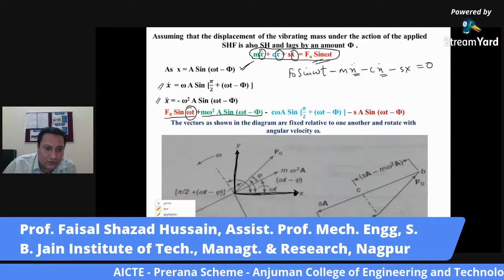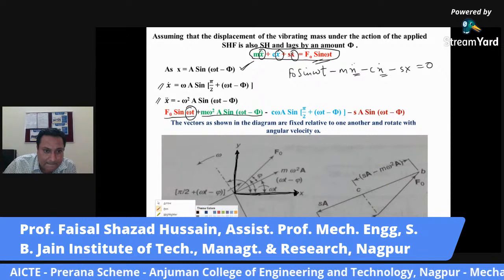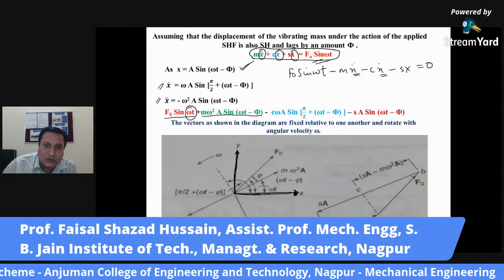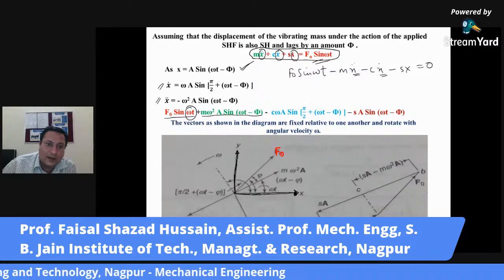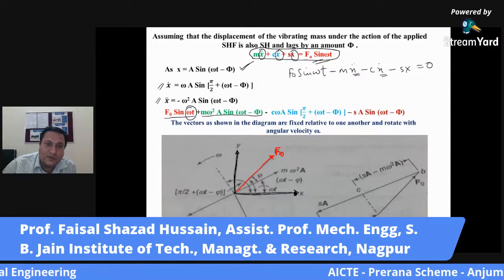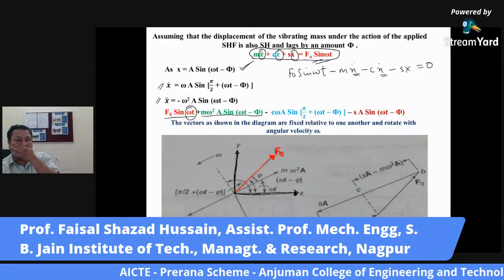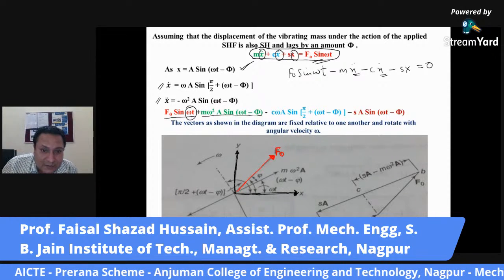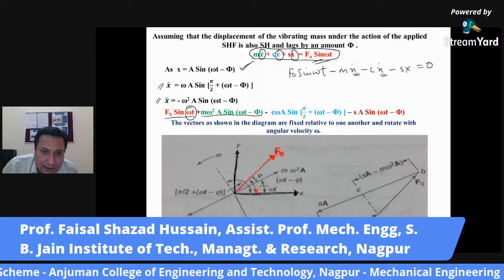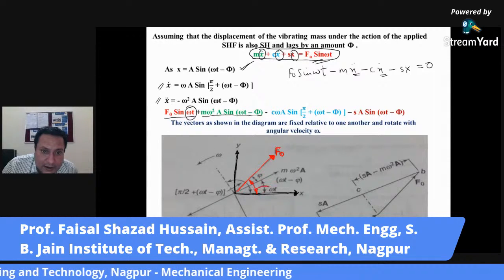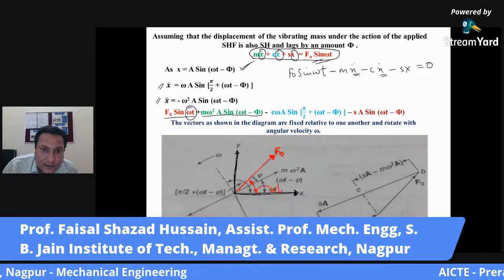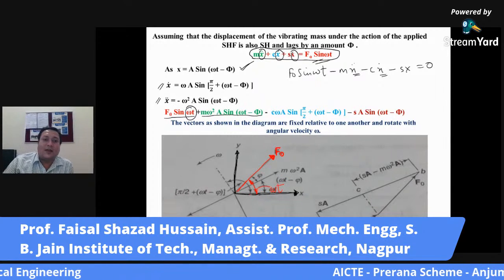So I can draw this force at a certain angle. This is my maximum oscillating force F0, and this direction is of the oscillating force. This F0 is at an angle of omega t.